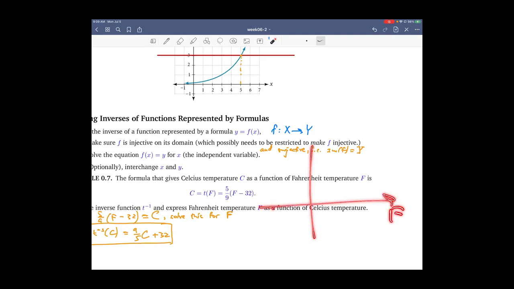On the F C plane, this is a straight line with slope 5/9. So it certainly is injective, it passes the horizontal line test, and it is surjective because the image is the entire real line. So we didn't have to check this.